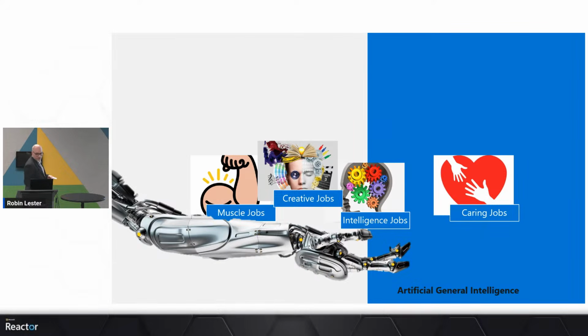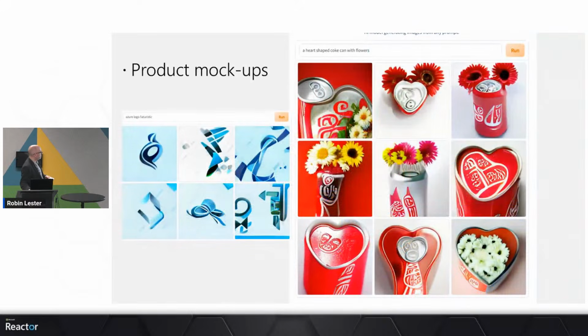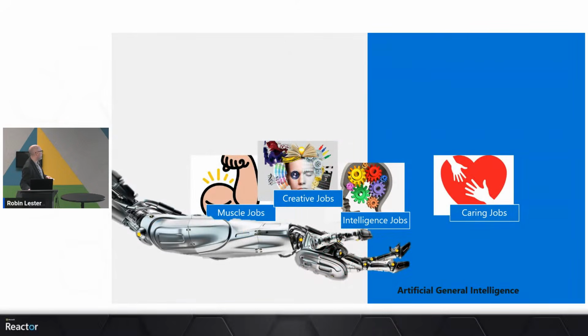Yeah, but we're still away from caring jobs. There was actually a study where people would go to a human GP and also to a machine learning model, and they'd be given a diagnosis.